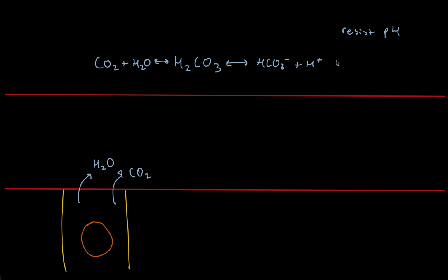Now, knowing this equation, this is where our buffer system comes into play. Just knowing this equation, you already understand what the buffer system is. So let's say we have some strong acids, over here, over here, over here.